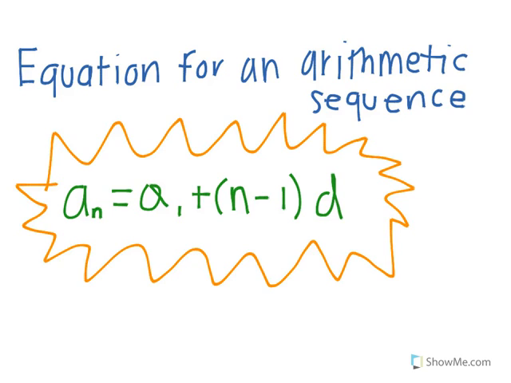Now, we use a special equation for the arithmetic sequence, and it's this. I have a of n equals a of 1 plus n minus 1 times d. A of n is the nth term you wish to find. A of 1 is the first term in the sequence.